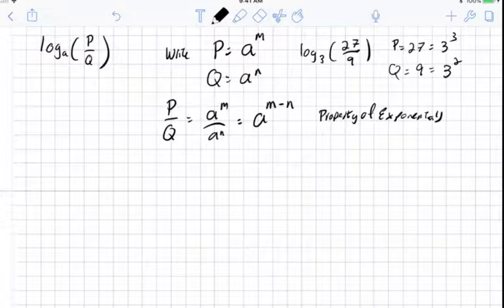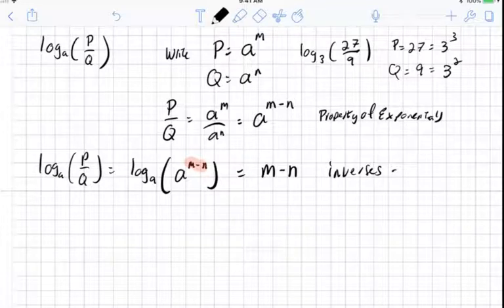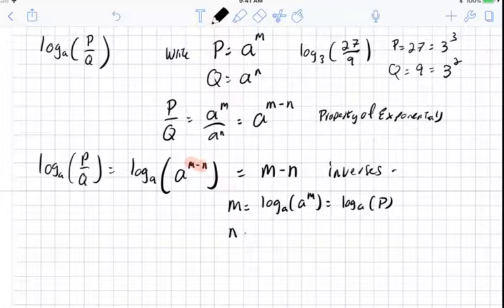Let's take its logarithm. They have the same base and they're inverses, so this becomes whatever the number is in the exponent. And then you note that m is equal to log a of a to the m, which is equal to log a of p, and n is equal to log a of a to the n, which is log a of q.